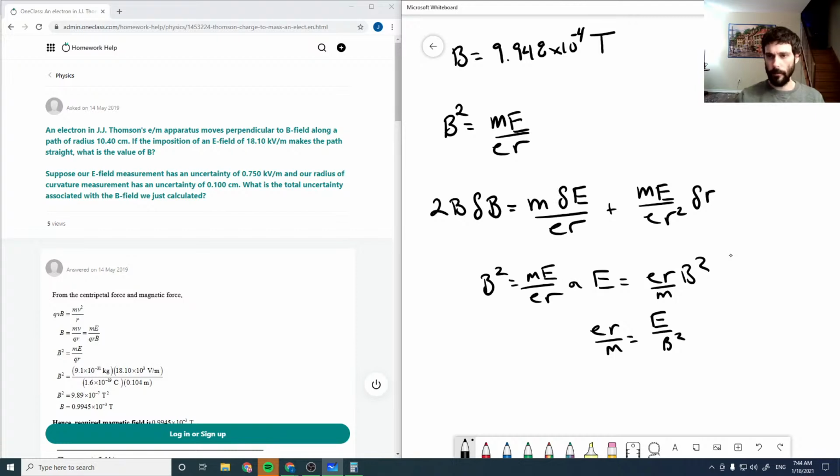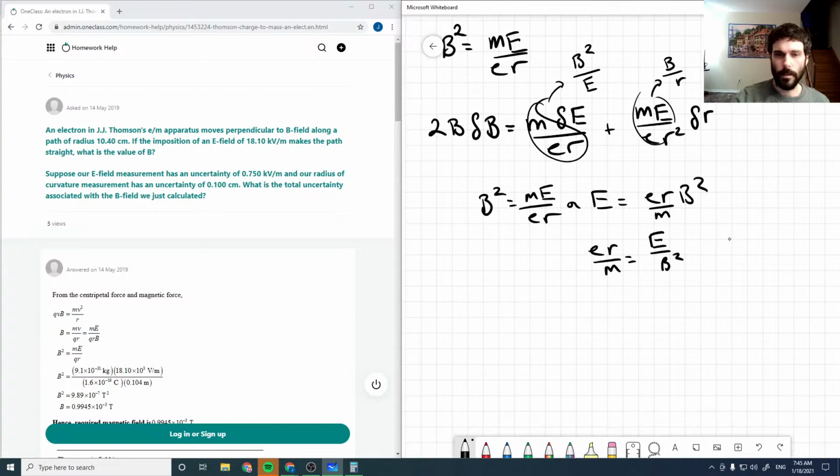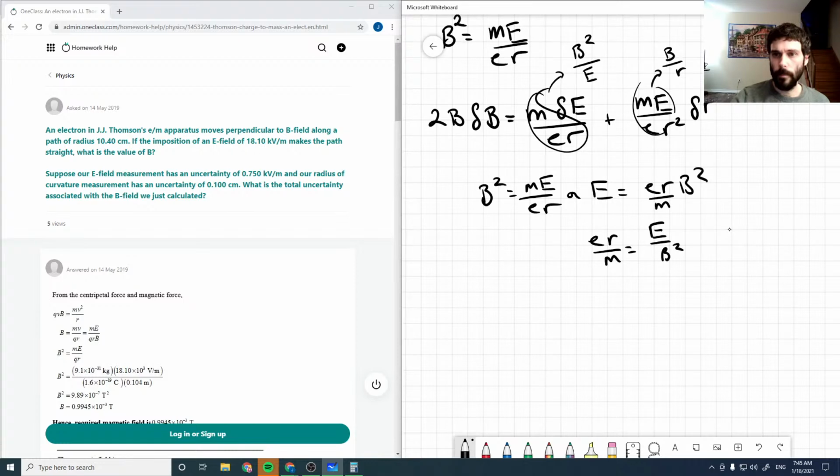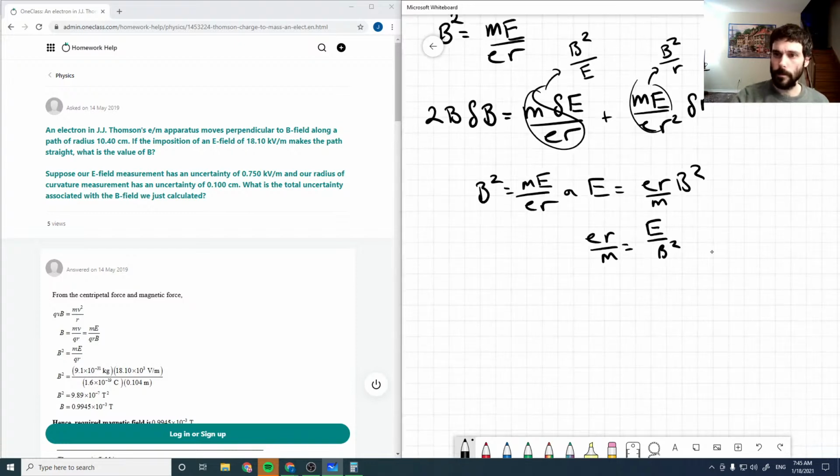So we see that this is just B over R, and this is just B squared over E. Oh, sorry, this is B squared over R. There you go. That makes more sense.